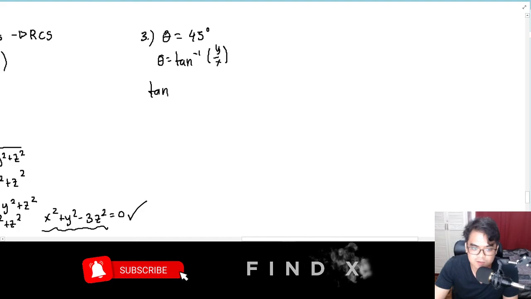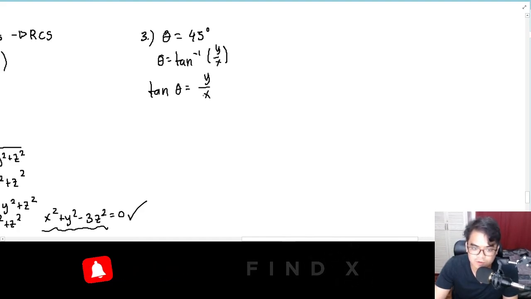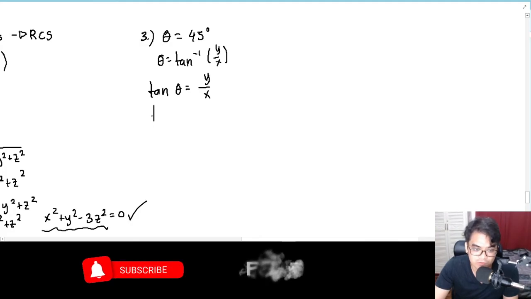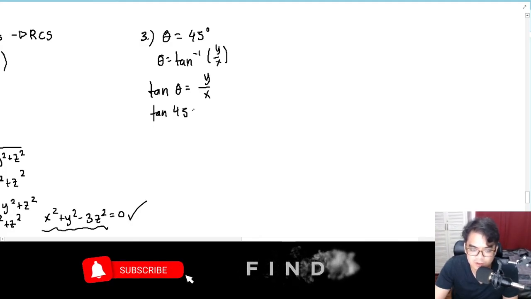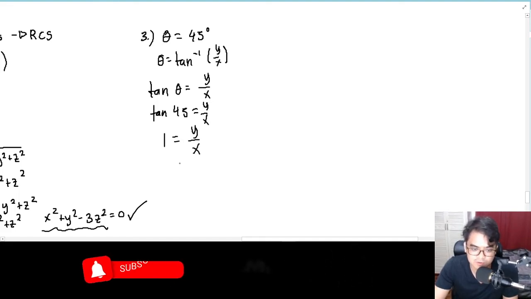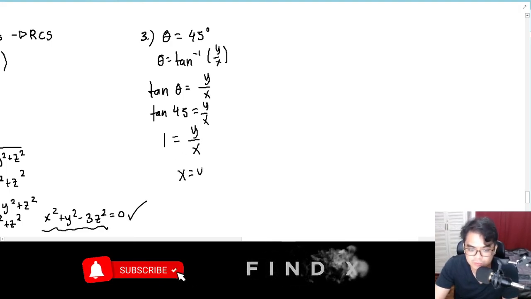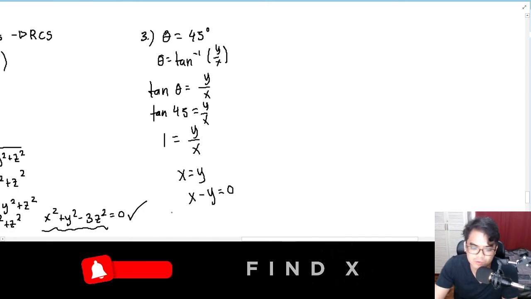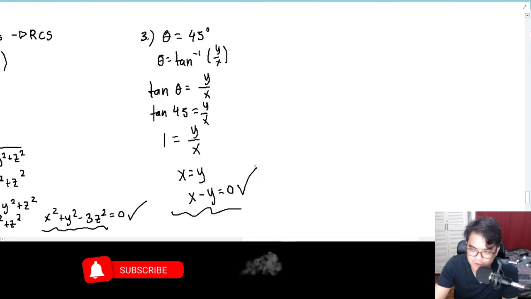Take the tangent of both sides: tangent theta equals y over x, and theta is 45. Tangent 45 is just 1, so 1 equals y over x. Cross multiply and x equals y, or you can also say x minus y equals 0. So this will be your answer.